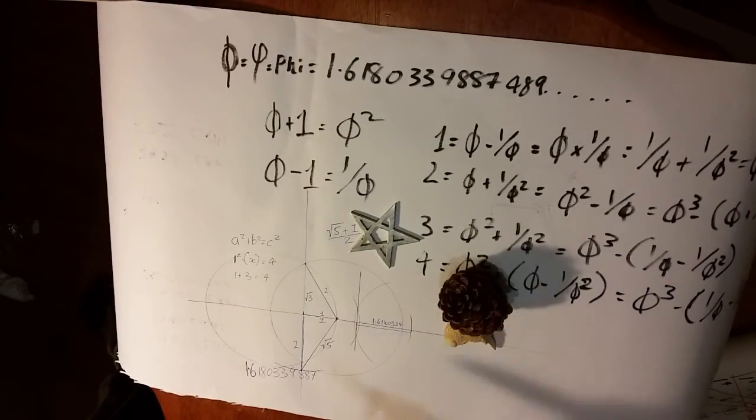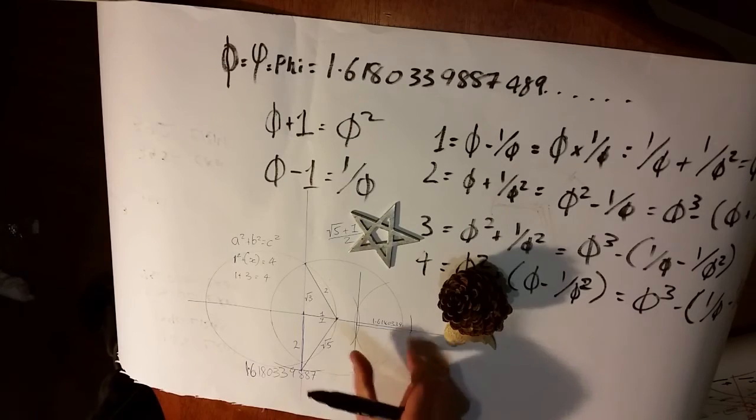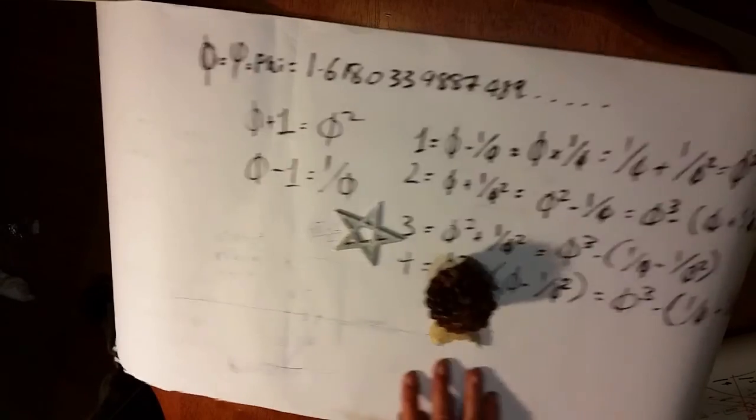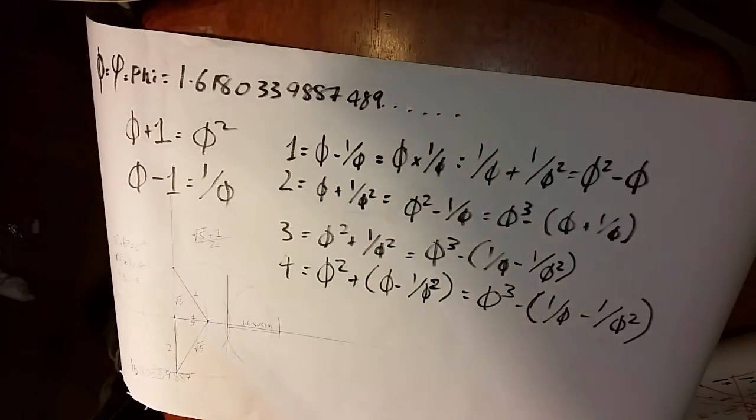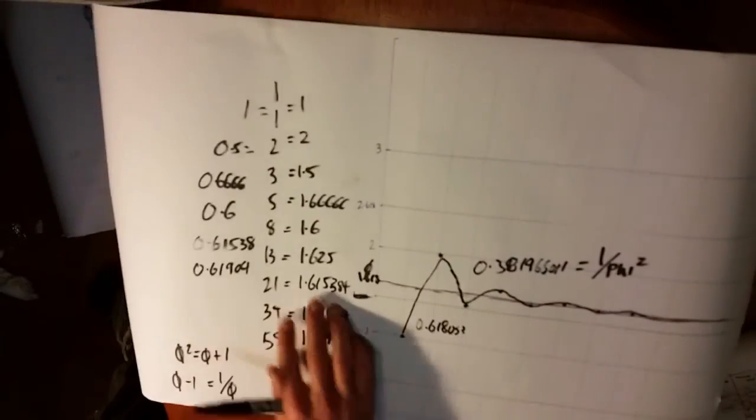And again, from the vesica, it's one way to create it, one way to find the exact number, also to do it as a ratio, and ultimately even the phi wave itself.